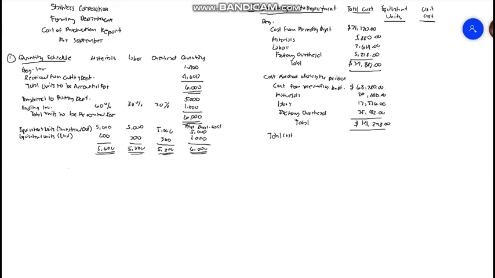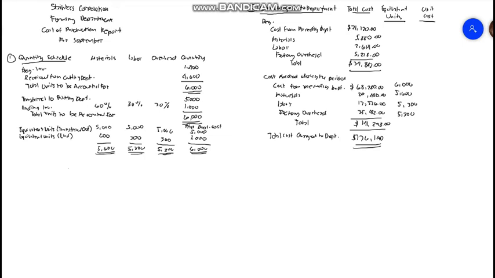So the total cost charged to department is the sum of these two. That's 176,140. Now let's write the equivalent units. For the cost from preceding department, this is 6,000. Materials is 5,600. Labor and overhead are both 5,300.